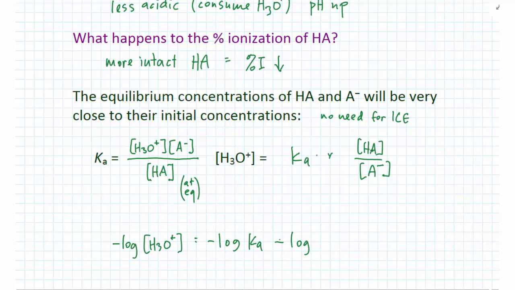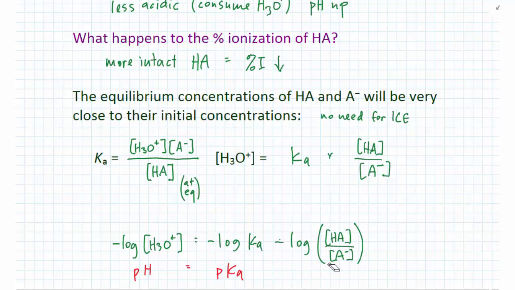We add or subtract when we're taking the log of things that have been multiplied together. Okay. So that fraction, pH, and then we could do minus the log of that fraction.